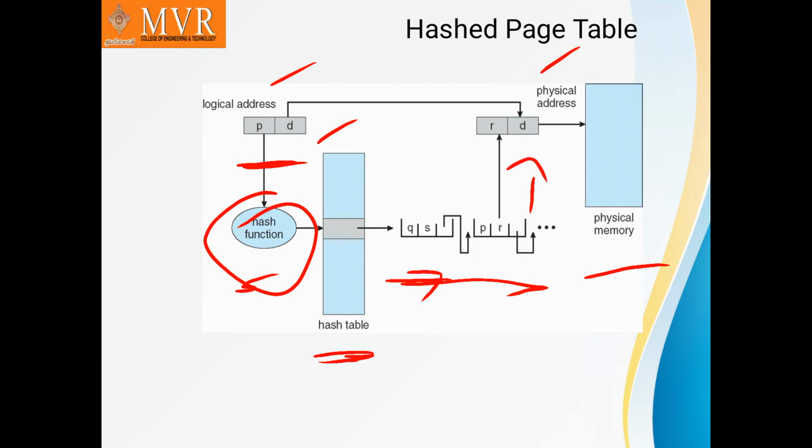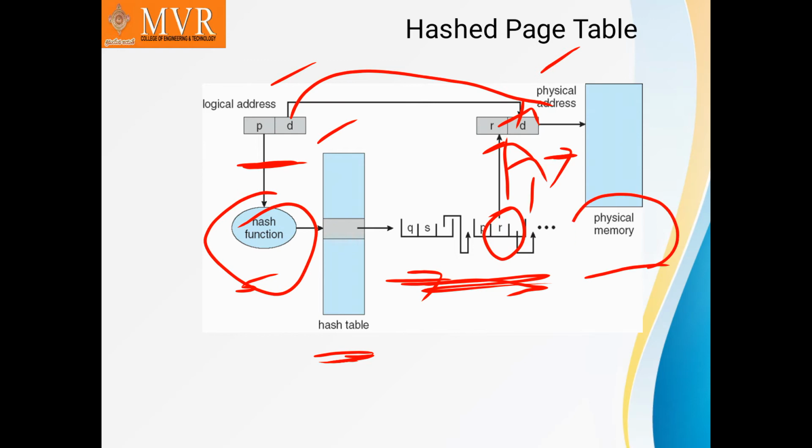Let me assume Q, S and P, R will be sent by using the sequence address. In this, R will be stored at physical memory. For that purpose, R and the offset will be brought out in the logical address, so that it is in the physical address, and that physical address will be mapped in physical memory. So this is about the hashed page table.